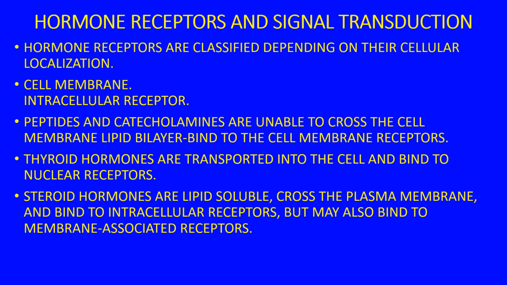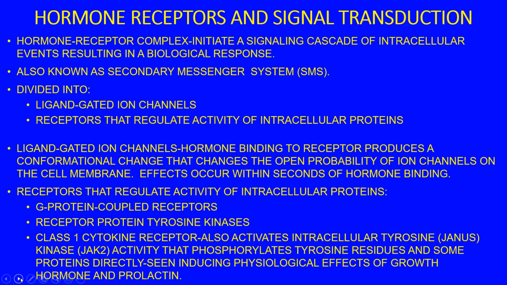Now, receptors that regulate activity of intracellular proteins. This is going to be a little bit more important, and you need to spend a little time on it. Best known are the G protein coupled receptors. We also have receptor protein tyrosine kinases. And then we also have the class 1 cytokine receptor.